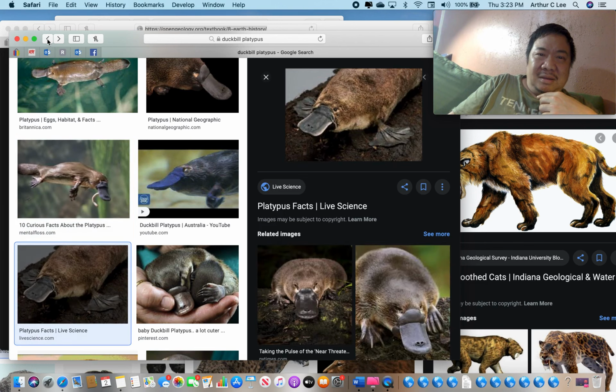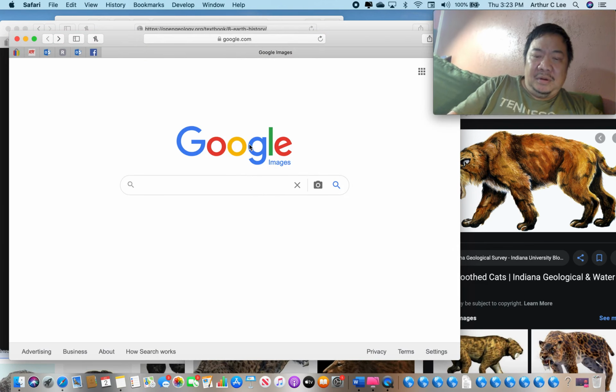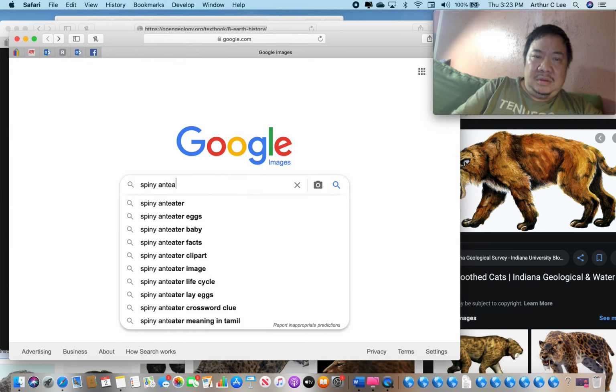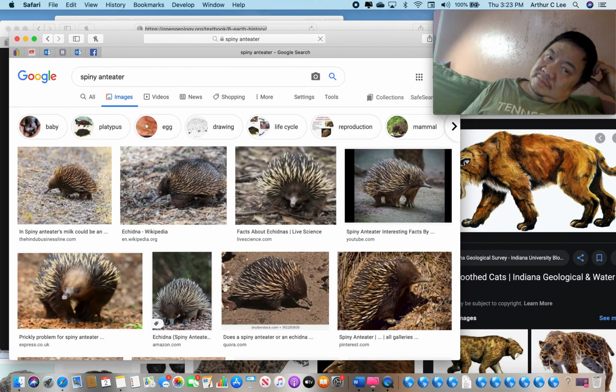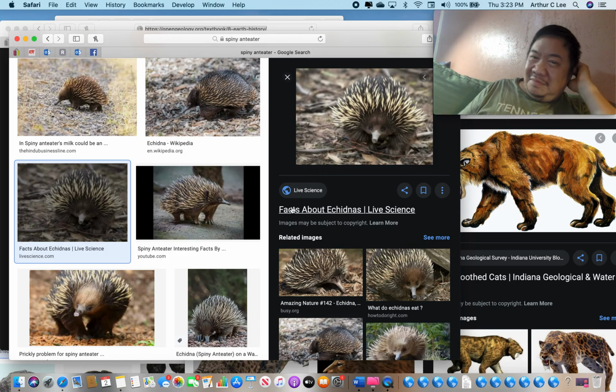And we have the spiny anteater. This is what a spiny anteater looks like. Sharp quills on its back. I bet mating must be painful.